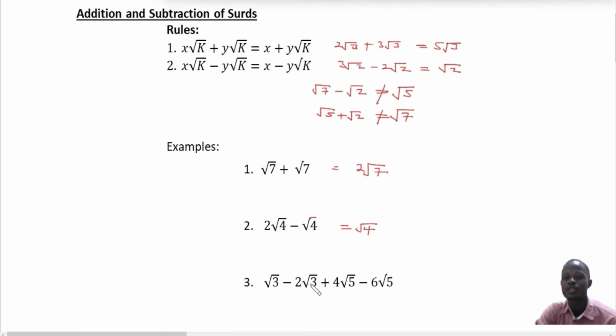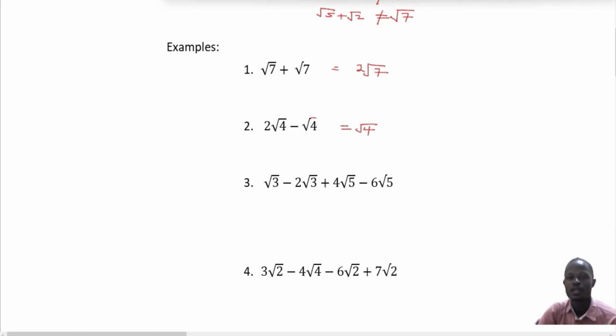Here again we try to add. We have root 3 minus 2 root 3 plus 4 root 5 minus 6 root 5. What we do here is collect like terms. These ones are already together. We have root 3 and 2 root 3, and 4 root 5 minus 6 root 5.